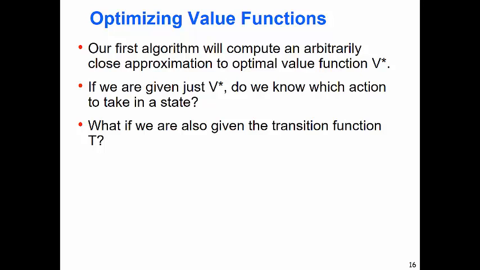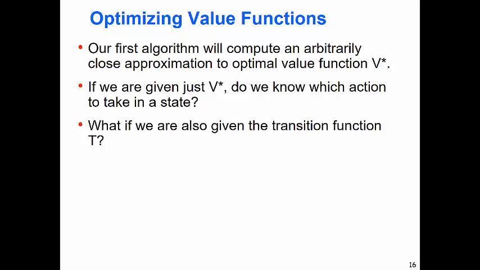So any ideas? We can check every action, and let's say if each action gives you a maximum reward. So he's saying we should maybe check every action, and check the value function of the next state, and choose the one that gives you maximum value. Right.